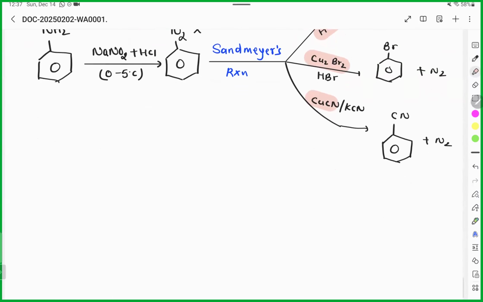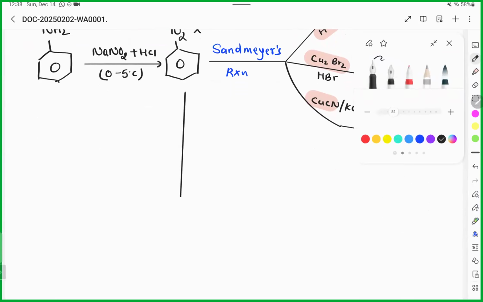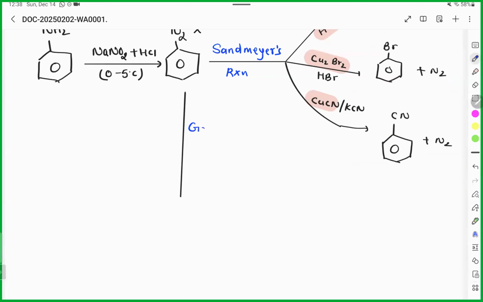Same thing, but the Gattermann reaction. So I will write here. Samarth, because you are in class 12, what is the Gattermann reaction? Sir, using copper and HCl and so on. Yes. So that is the difference. What is happening in this situation?